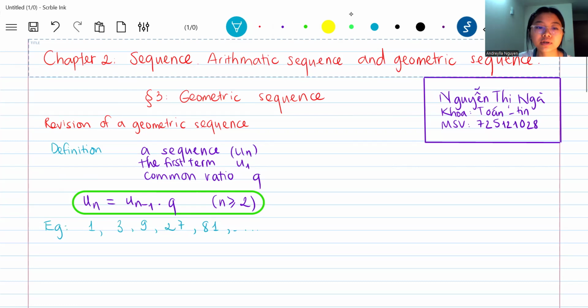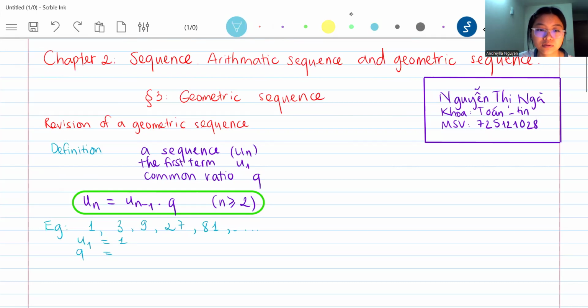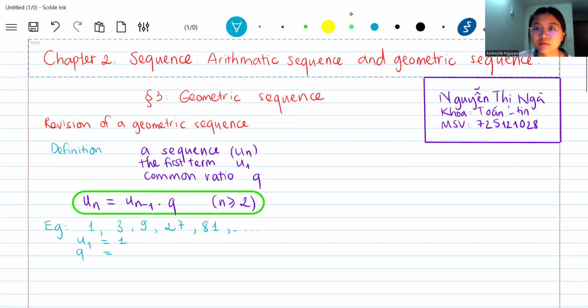You can recognize that my sequence is given by U1 equals 1, and the common ratio you can find by taking the ratio of U_n over U_(n-1). For example, I take 9 over 3 and I get 3. So I can conclude that my common ratio is 3.